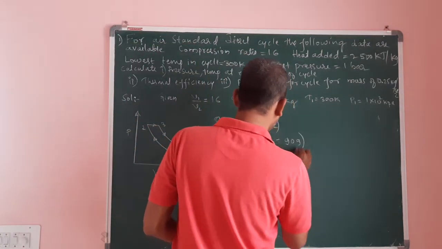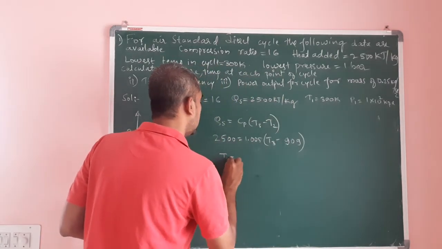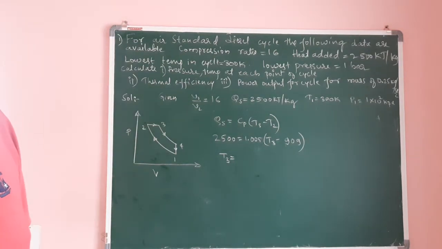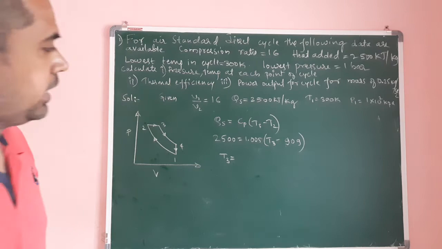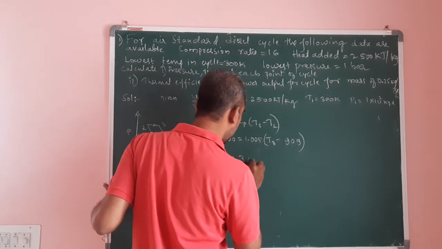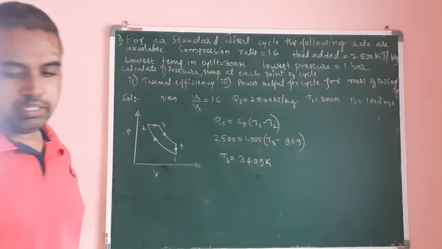If you simplify this, you will get the T3 value as 3409.9 Kelvin.